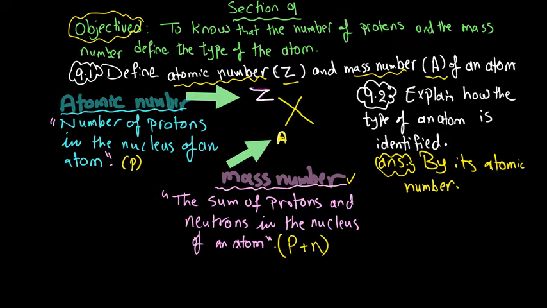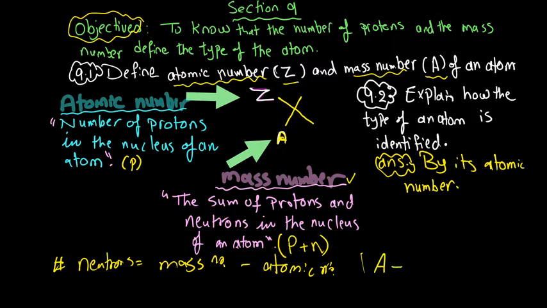Here, you should be able to calculate the number of neutrons. If you need to calculate the number of neutrons, you should subtract the atomic number from the mass number. So mass number minus atomic number, or I can say A minus Z. You are going to get the number of neutrons in each atom.